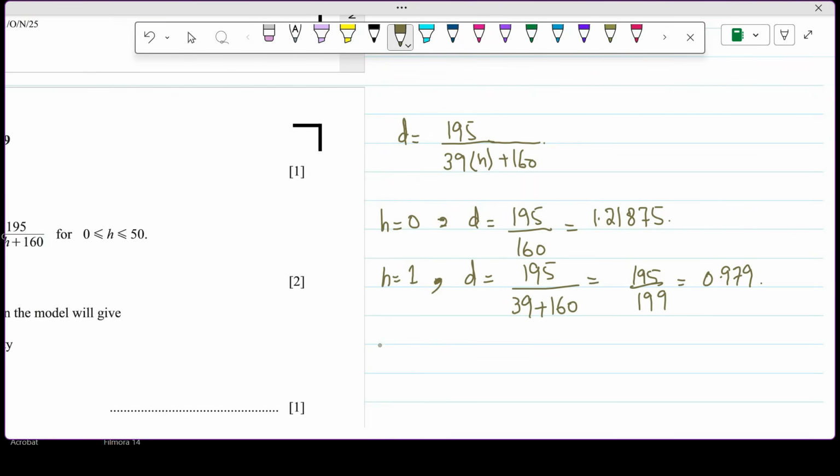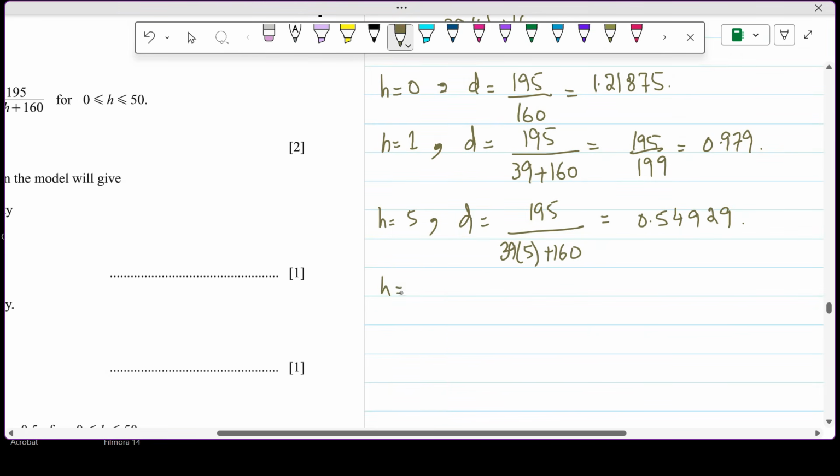This will be 0.979. When the height is 5 kilometers, D = 195 / (39 times 5 + 160), and this is equal to 0.54929.